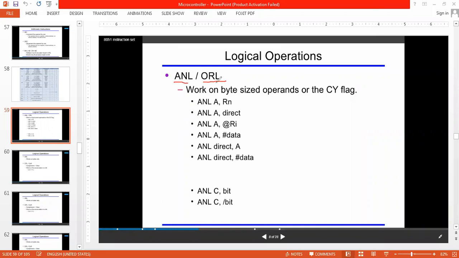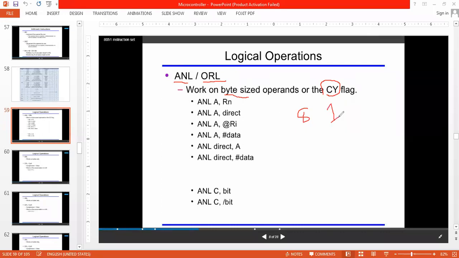ANL and ORL basically work upon a byte size, or they can also work upon a single bit, the CY flag. So they can work upon a whole byte of 8 bits, or upon a single bit.